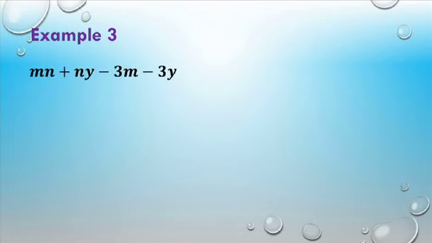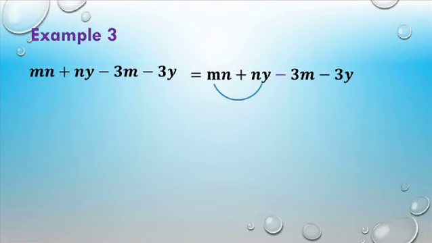We now move on to a third example where we will have minus. So mn plus ny minus 3m minus 3y. I'm going to consider the first two terms together and the last two terms together. However, because of this minus sign, I need to be very careful.